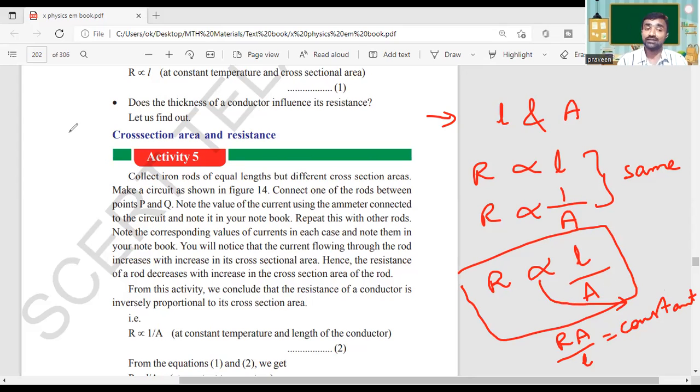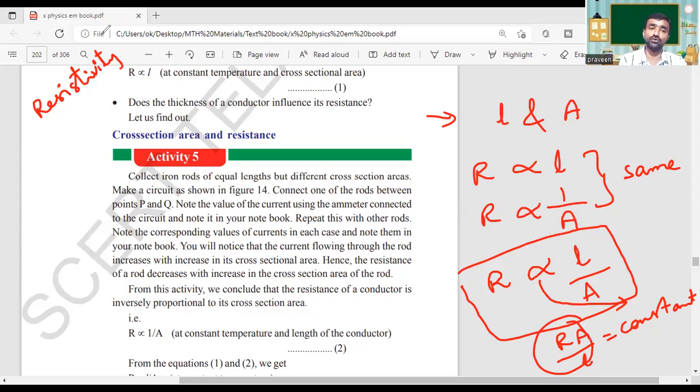What does the constant tell us? It tells us about a new thing called resistivity. You are able to find one more material property, that is resistivity, based on the length, the cross-sectional area, and the particular resistance of the material.